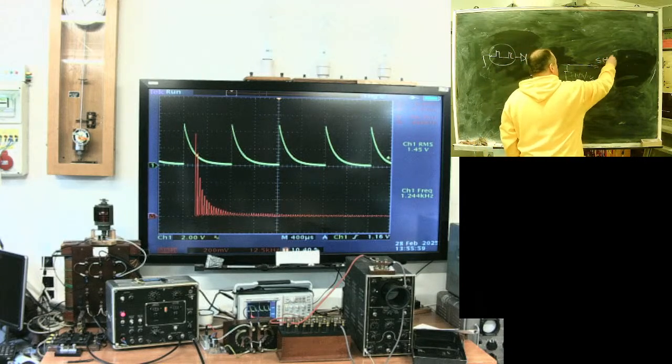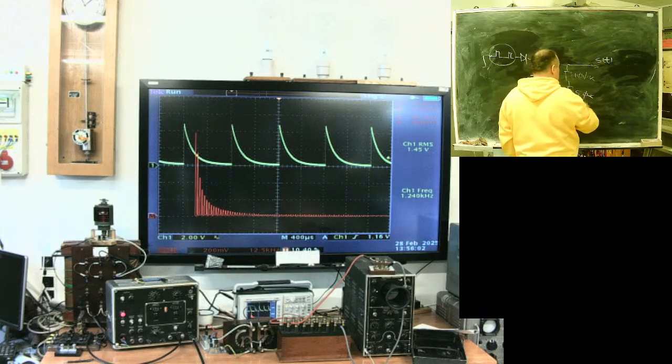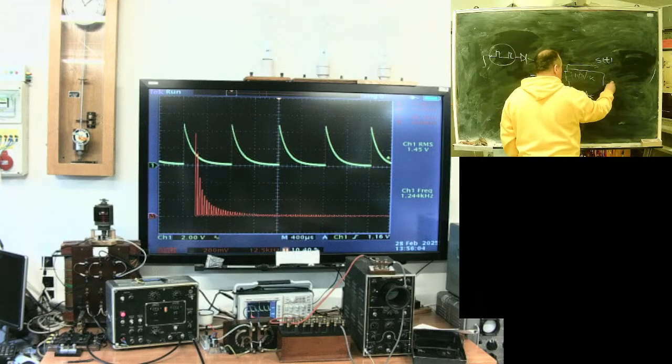This is my signal, and I have a switch here.